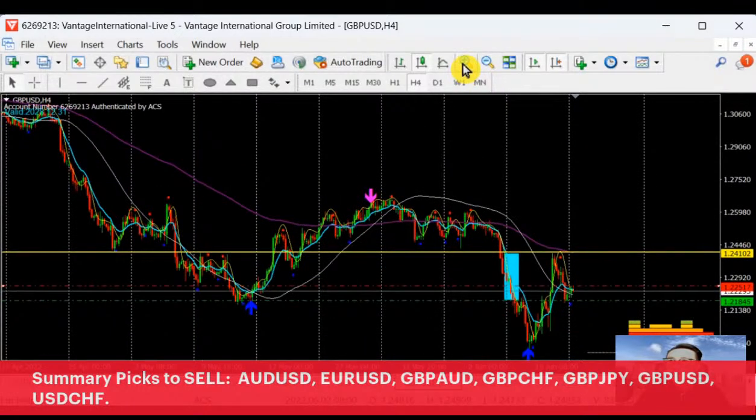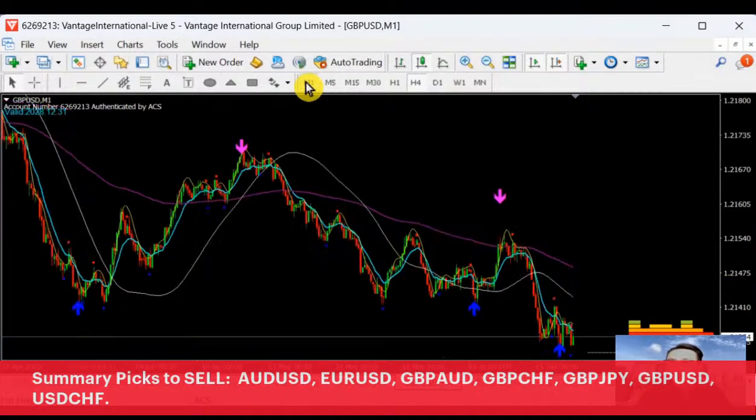But of course for pound dollar, it has already exceeded my expectation over this area, and this area for sharing. So over here, this part we can see the potential of this pound dollar.